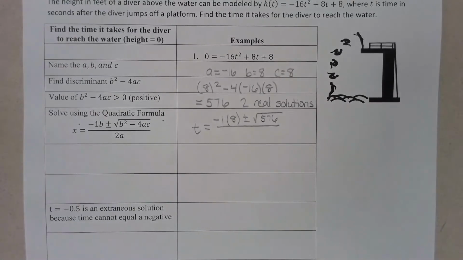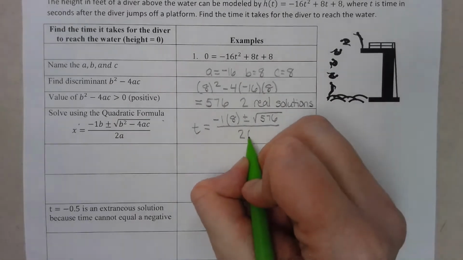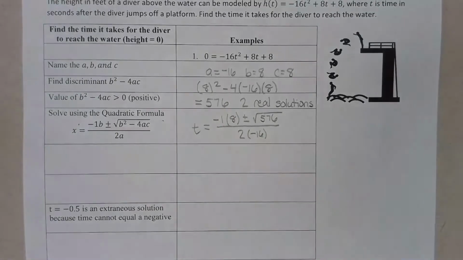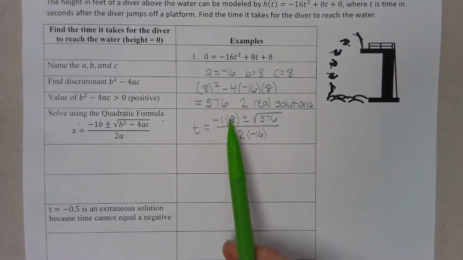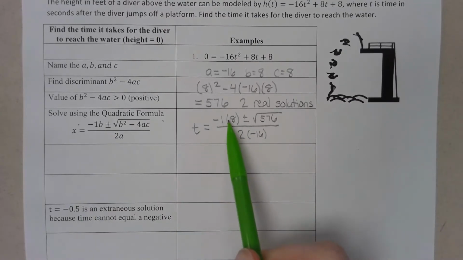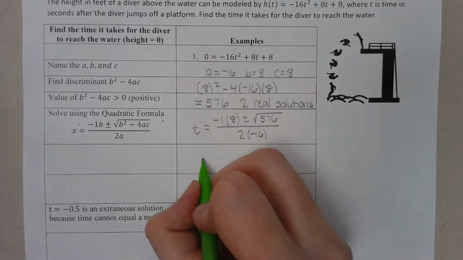I recommend just plugging in that value of the discriminant there. All over 2a, and a is negative 16. So now we will solve from here. We will multiply, take the square root, and multiply. You might want to make a note here to the side. Those are the next things we can do in our work.